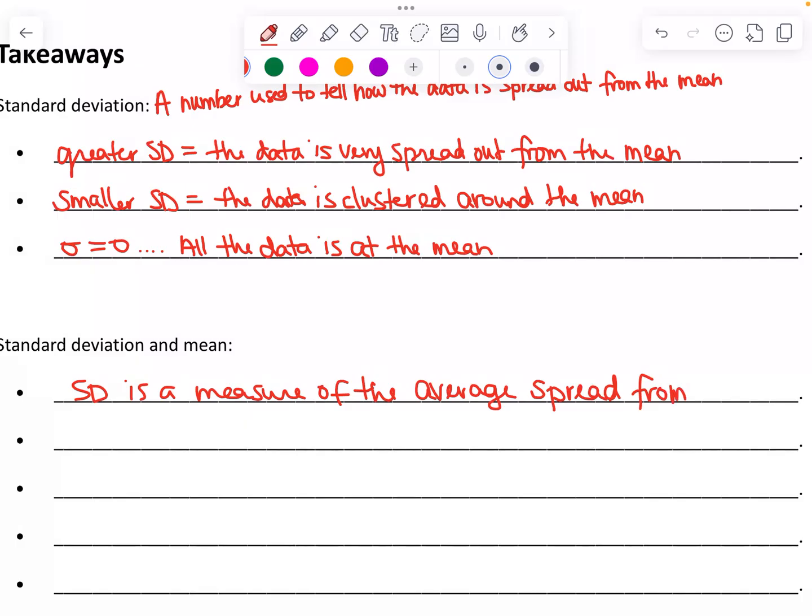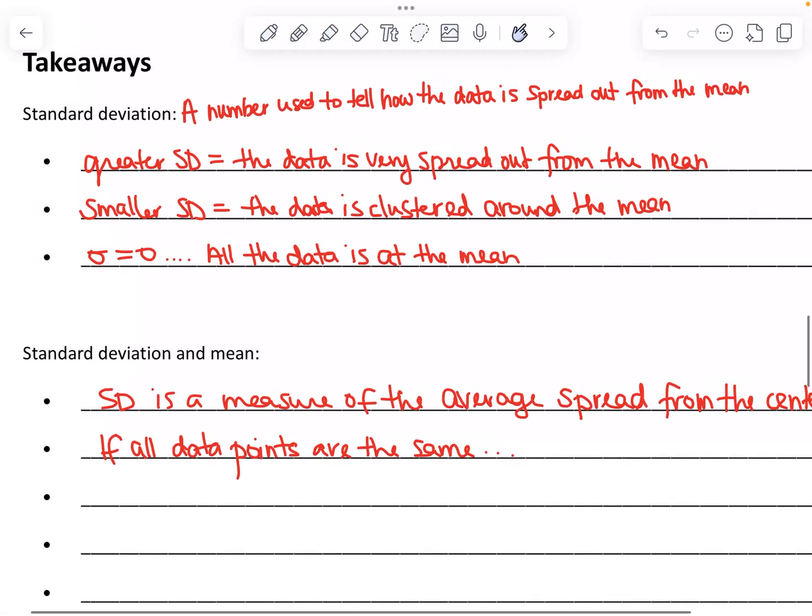If all the data points are the same, we just talked about that above, right there, then the standard deviation is 0.